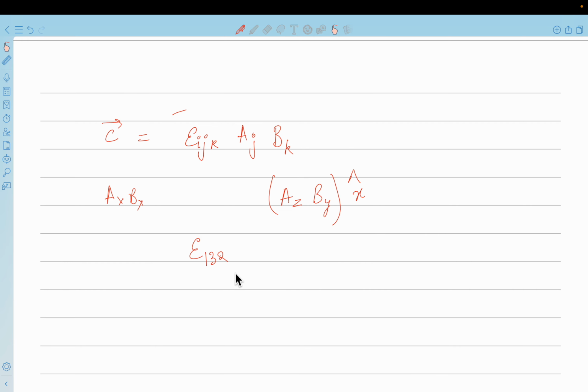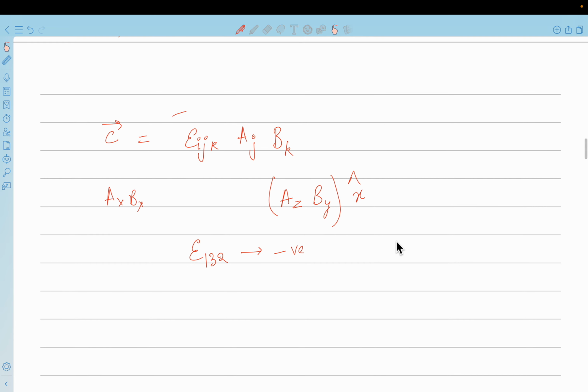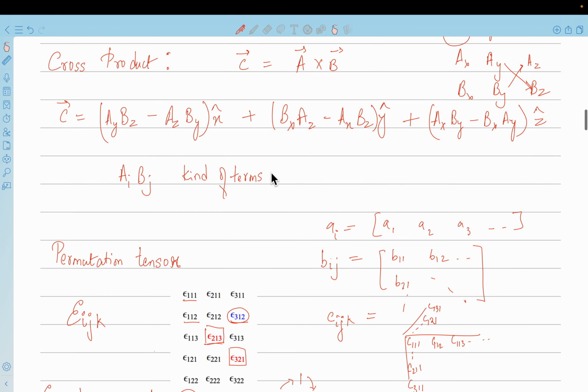Is 1 3 2 cyclic or anti-cyclic? Clockwise or anti-clockwise? It is anti-clockwise, so the value will be negative. So we should have a negative in front of this az by, and go back and check, indeed it is negative, the way you wrote it in the conventional form.